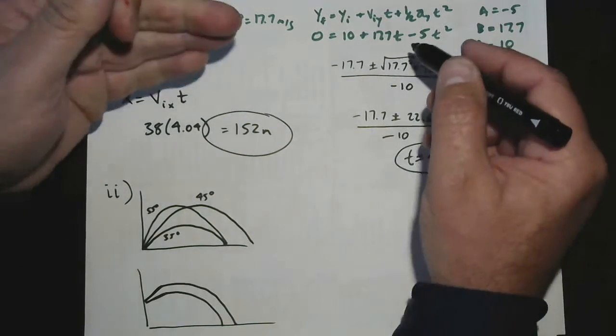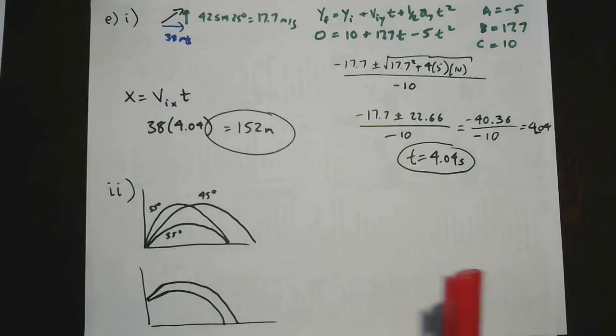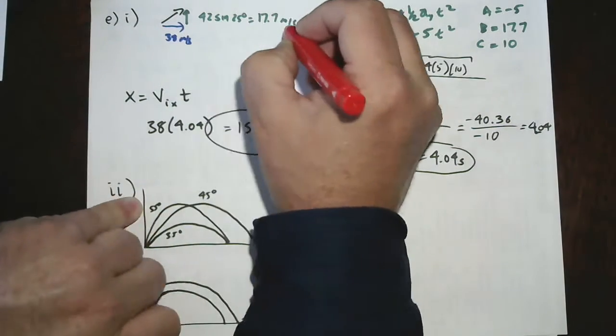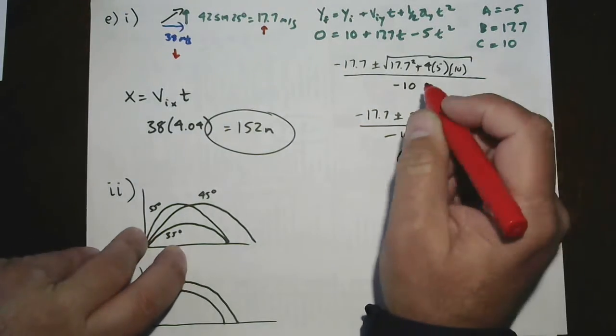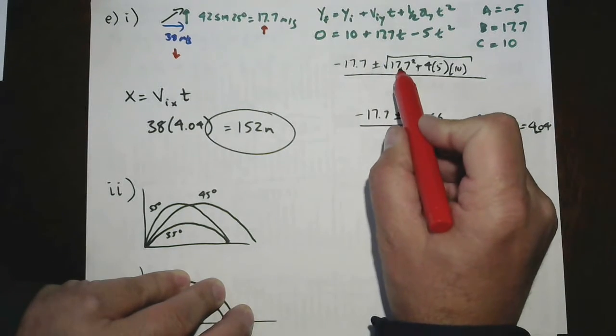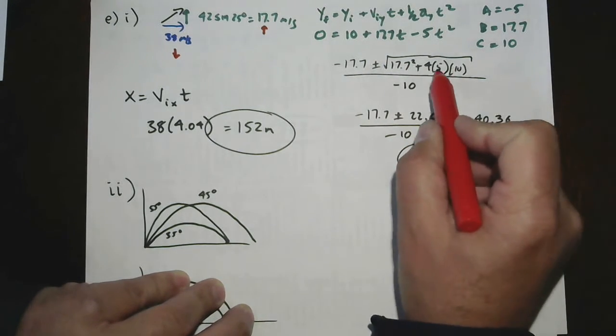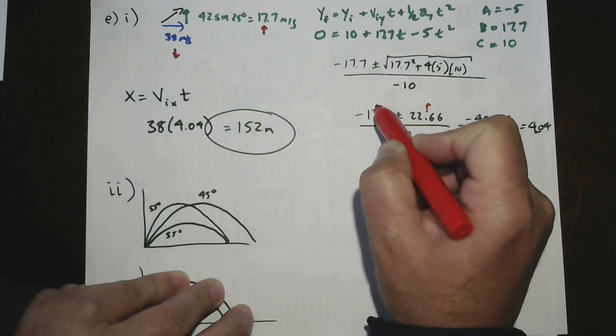Why don't we look at our process here and say that if we had made some changes, if we had gone to 35 degrees, this would be a bigger number and this would be a smaller number. And let's see what would happen. Well, over here, if the 17.7 is a bigger number, then the bigger number squared is going to give me a much larger discriminant. So this would be a bigger number. This would also be a bigger negative number.